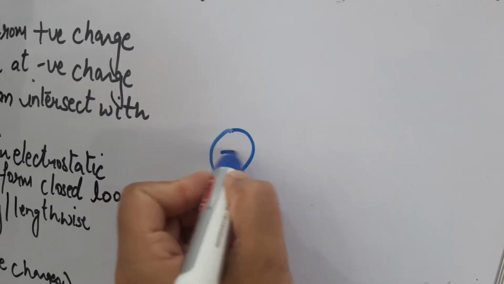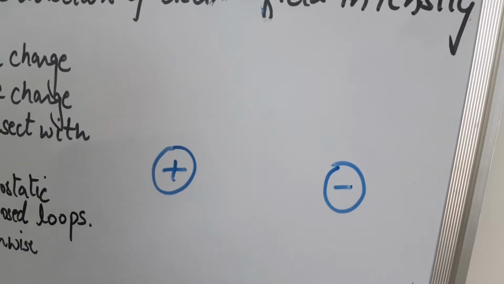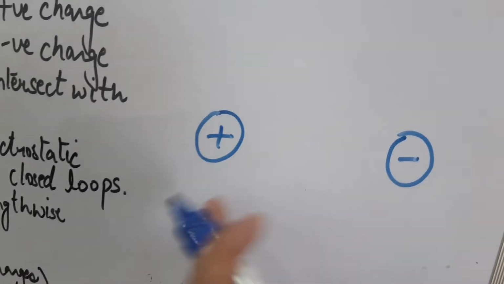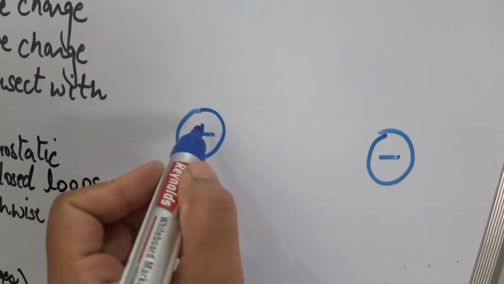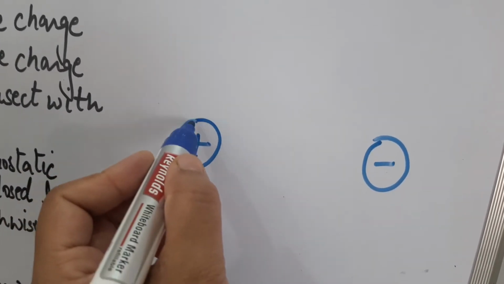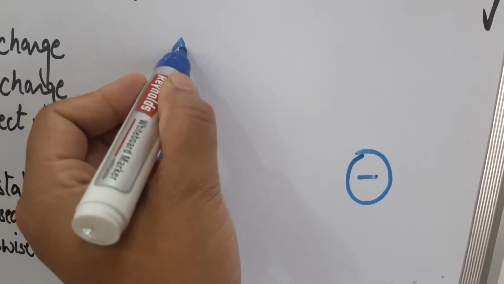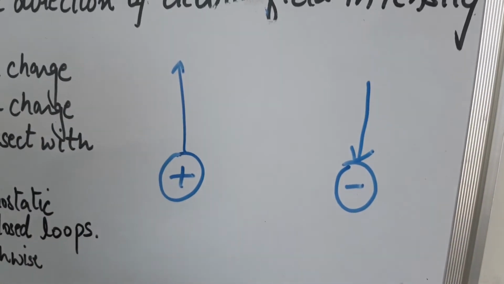Now if I have a pair of positive and negative charges, which we'll study again in further topics, if they are equal and opposite, they are known as a dipole. Electric field lines have to start from the positive charge and terminate at the negative charge.